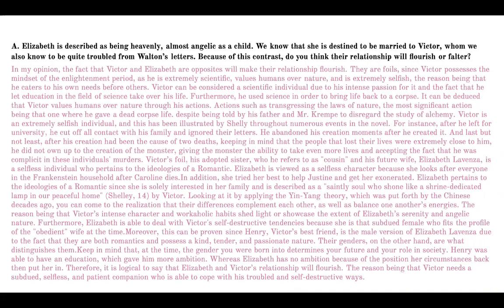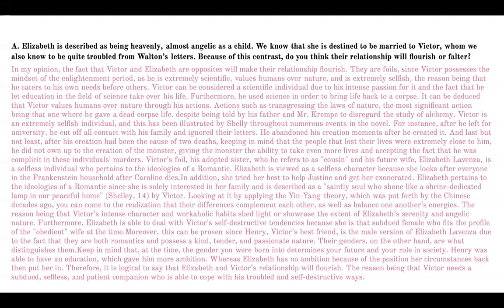Victor is an extremely selfish individual, and this has been illustrated by Shelley throughout numerous events in the novel. For instance, after he left for university, he cut off all contact with his family and ignored their letters. He abandoned his creation moments after he created it, and last but not least, after his creation had been the cause of 2 deaths, keeping in mind that the people that lost their lives were extremely close to him.